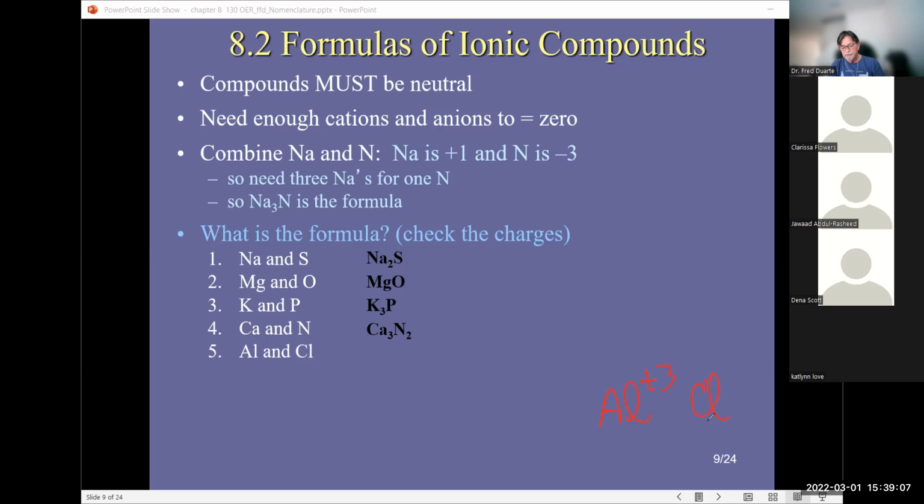The chlorine is in group 7, and it becomes a -1, okay? We need 3 chlorides for every aluminum, because aluminum has a +3. Therefore, our formula for aluminum chloride will be AlCl subscript 3.